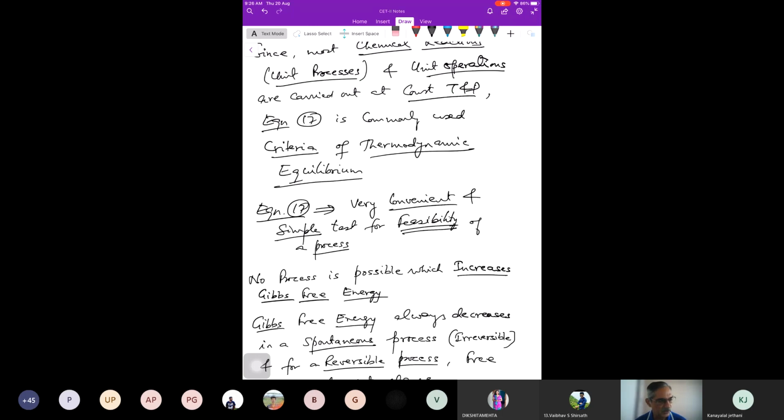They may not be feasible at low temperature, or the reaction may be very slow. There may be many conditions. One could be that the reaction is not feasible at low temperature. The other could be that the reaction is feasible, but so slow that it will take a long time. That's why we increase the temperature.